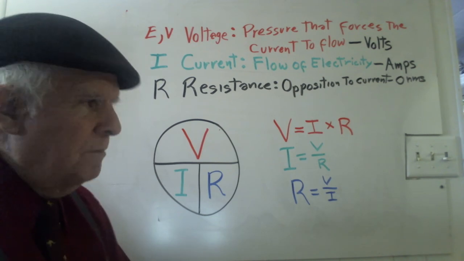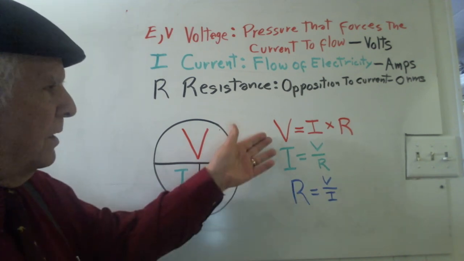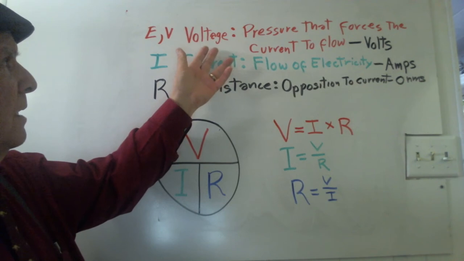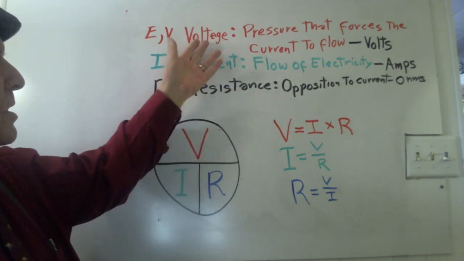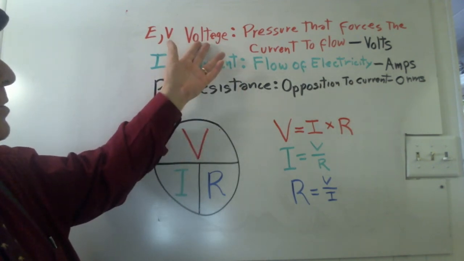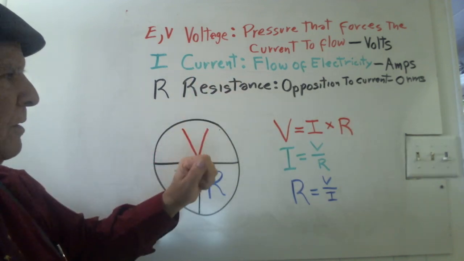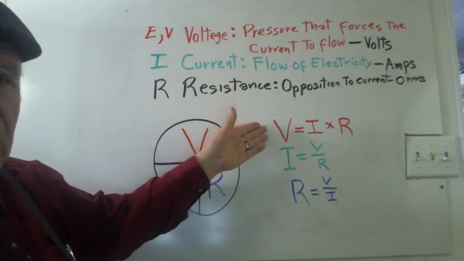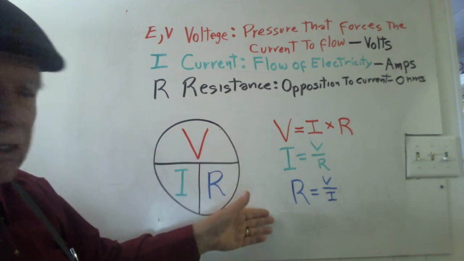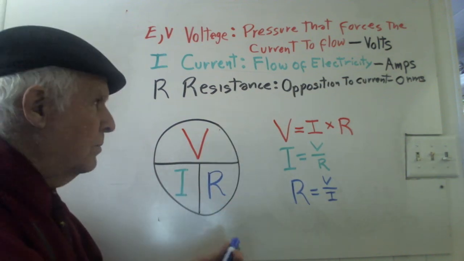So here are the three fundamental characteristics of electricity: voltage that pushes the current, current that actually flows, and resistance that opposes the current. Now, over here, I've got three rules that are considered together to be Ohm's law.